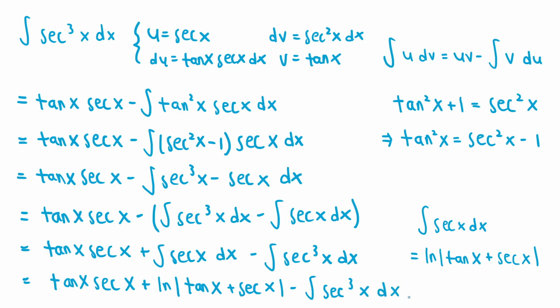So we should recognize that we started off with the integral of secant cubed of x dx, and after applying the steps we did, we ended up with the expression tangent of x secant of x plus ln of the absolute value of tangent x plus secant x minus the integral of secant cubed of x dx.